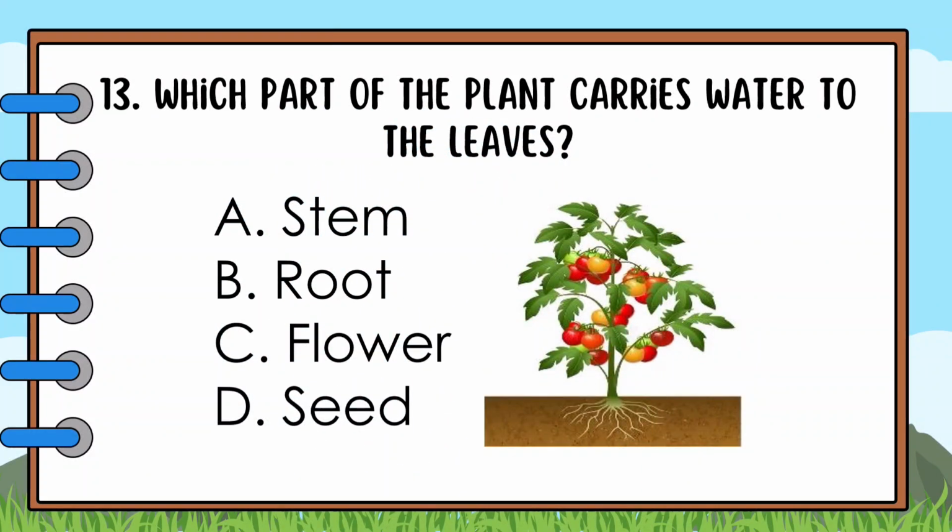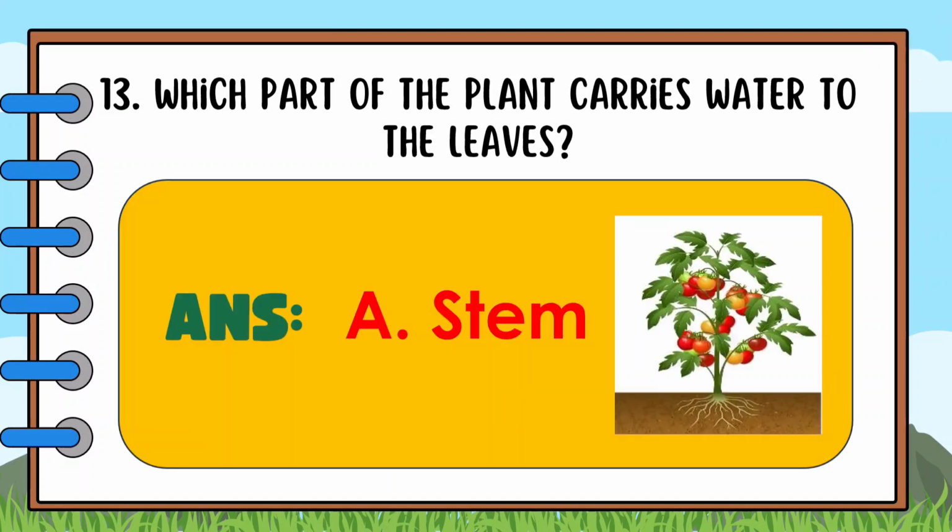Which part of the plant carries water to the leaves? A. Stem. B. Root. C. Flower. D. Seed. The answer is A. Stem.